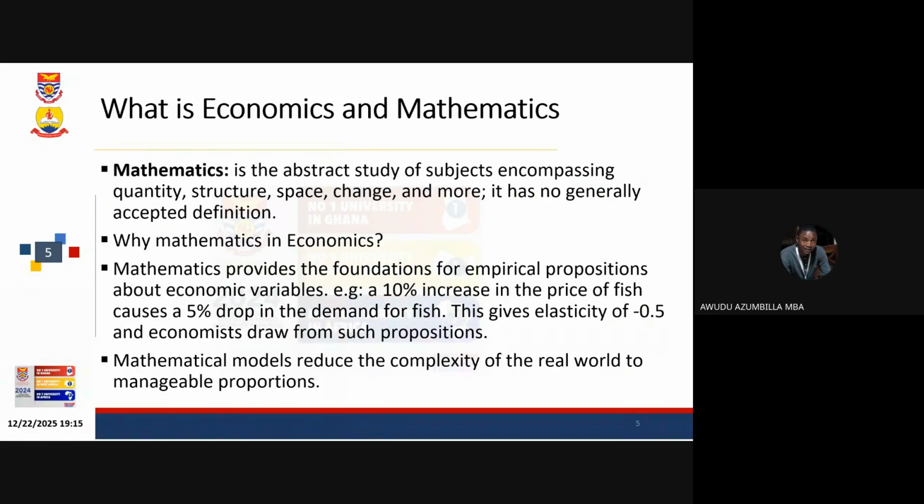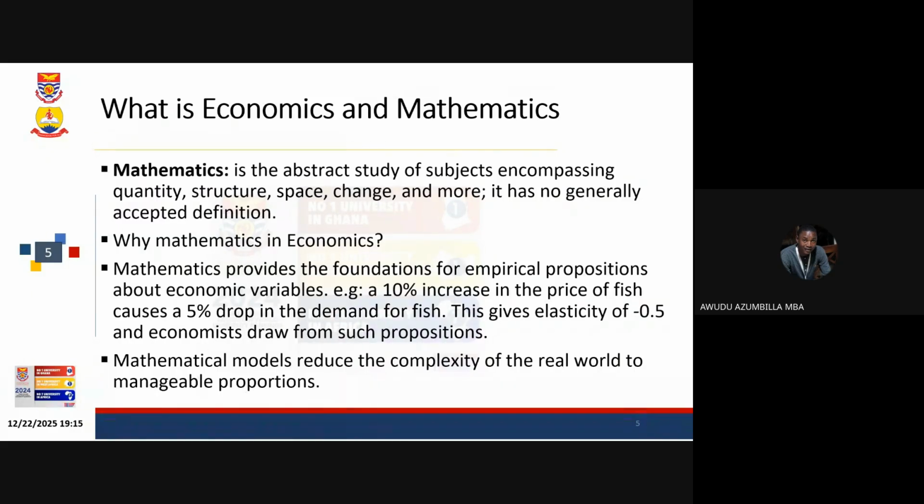Okay. Now, what about mathematics? We've spoken about economics, and I believe that we all understood what economics is. Now, what is mathematics? Mathematics has no one definition, just like economics.